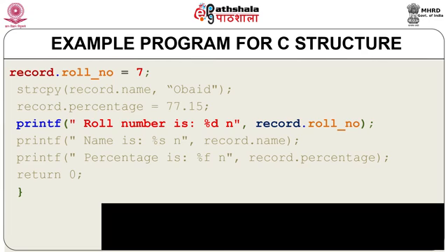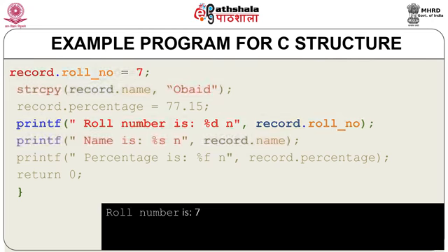In this you are entering roll number 7 under structure record. You are using a printf statement for displaying the roll number of that student. Roll number is %d, \n, comma record dot roll number. This instruction will display the roll number of the student.